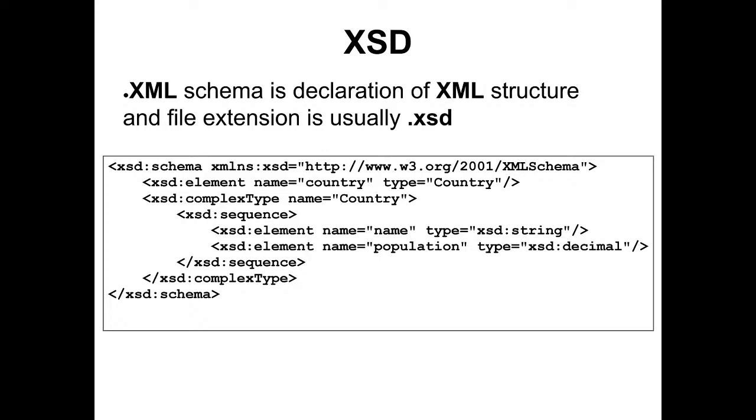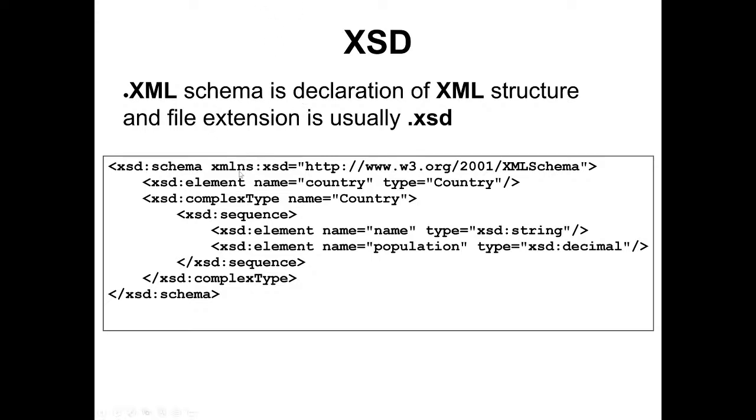And as I already showed you how XSD documents look, this is also a variant. That's the declaration of XML structure, and the file extension is XSD, not XML in this case.